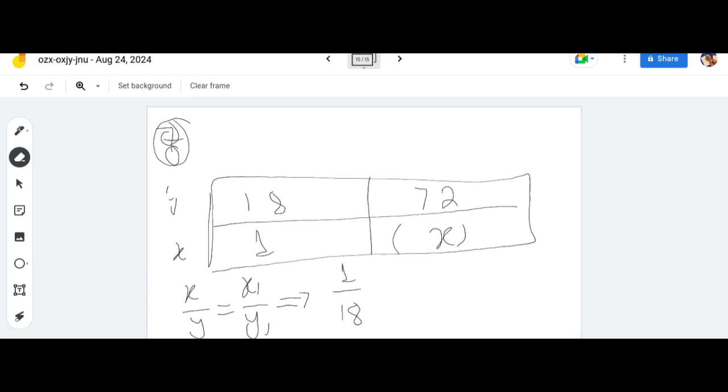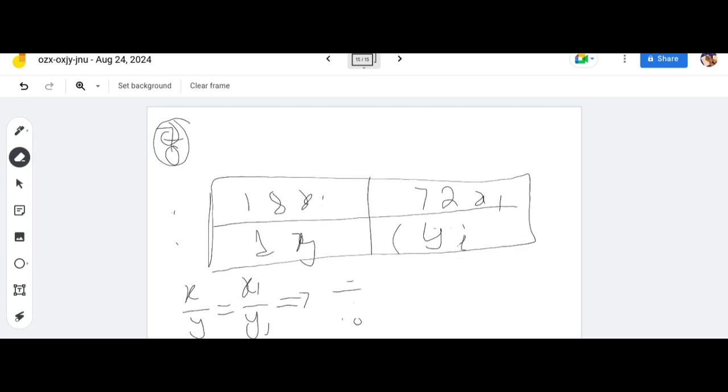No, this is not like this. This is x and this is y, and this is x1 and this is y1. So the question will look like this.